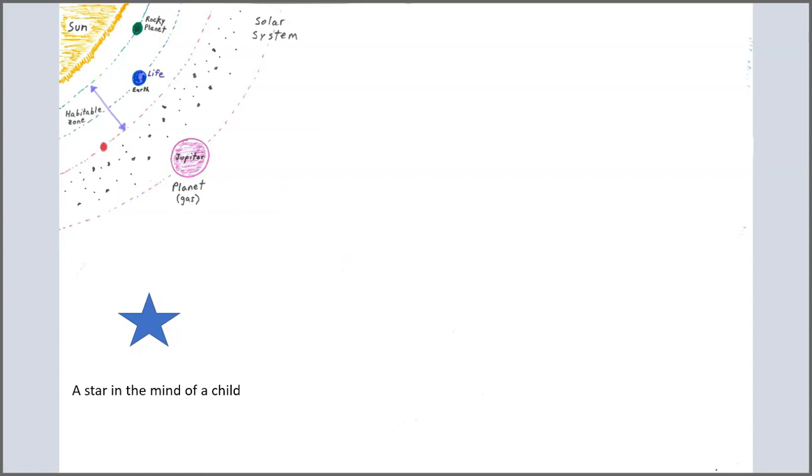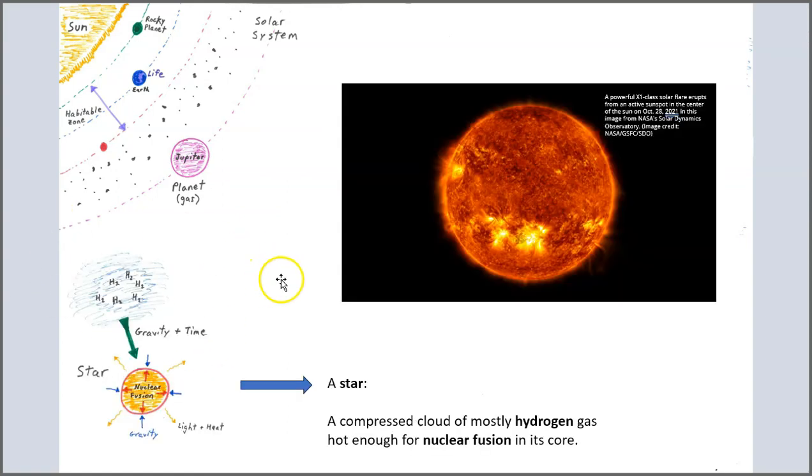Now, in the mind of a child, a star might be something like this. But in reality, stars are very different. Here's a beautiful picture of our sun. It is a giant ball of hydrogen gas, and something fascinating is going on in the core of the star. Stars begin as a cloud of hydrogen, and over time, gravity, which is an attractive force between all objects with mass, can compress that cloud.